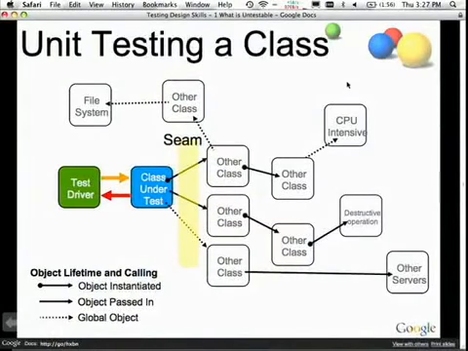And the seam is important because it allows us to divert the execution of the code. This is why procedural programming is problematic, or rather static methods are problematic. Because if you call another static method, there's nothing I can do in a test to prevent that call from happening. Now, I'm sure you can come up with a simple case like, but I'm just calling Math.abs, therefore it's OK.